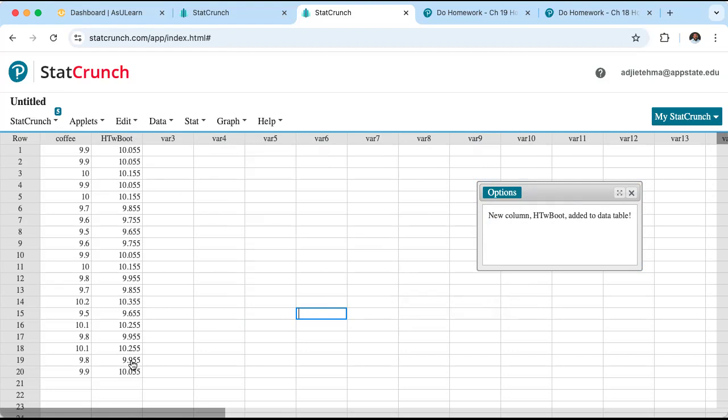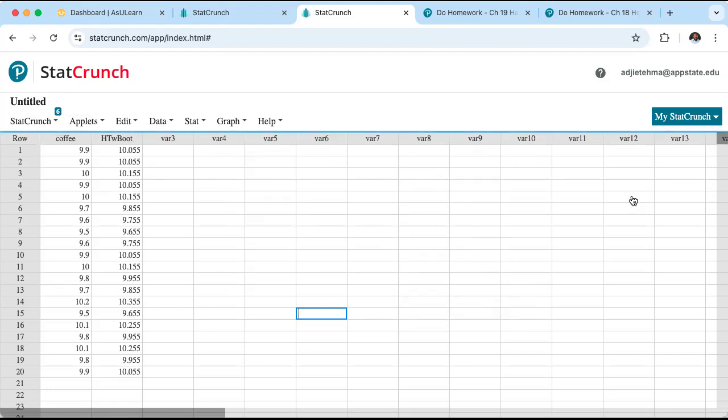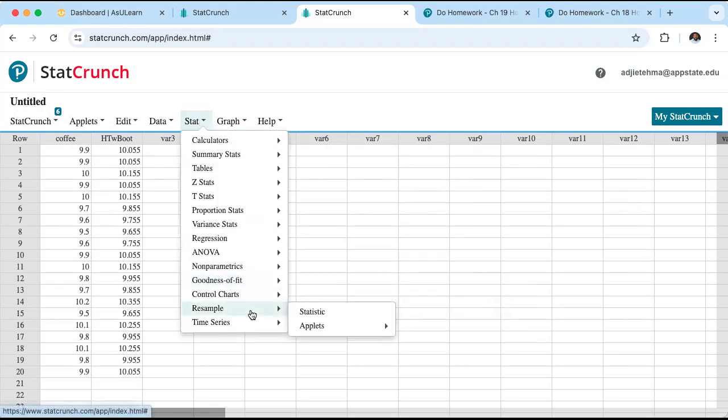Now I want to perform the bootstrapping to take the sample means of this as many times as we can. To achieve that, we go to stat, resample, statistic.